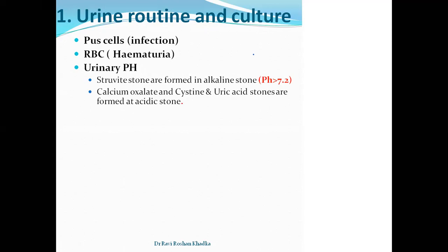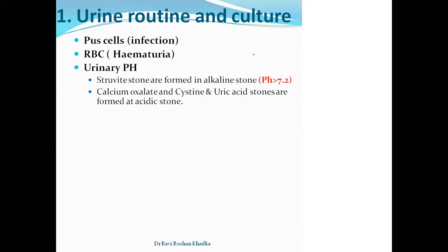And one extra benefit is that if you know the pH of urine, and if you know the type of stone later on by analysis, then you can reverse the pH to prevent the stone formation. Suppose a patient is suffering from the calcium oxalate stone, and obviously pH will be acidic, and you found the composition later on by stone analysis.